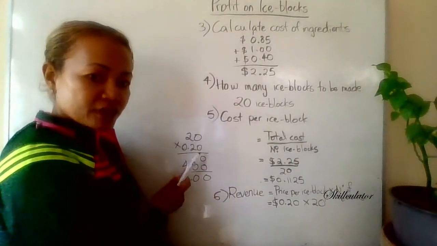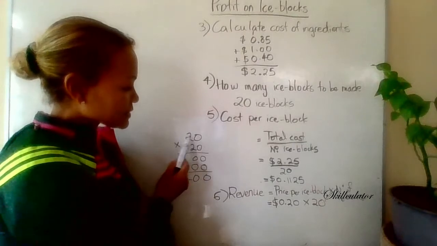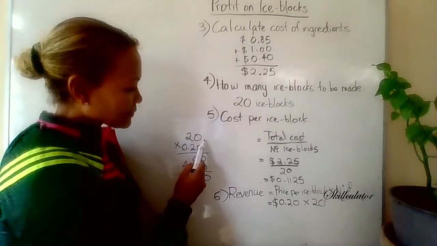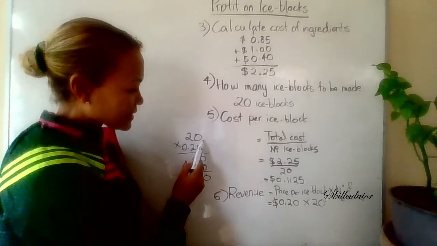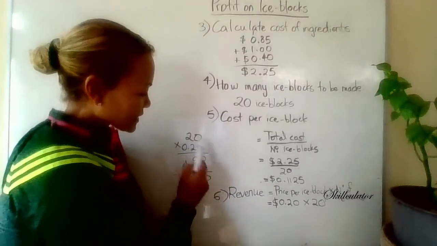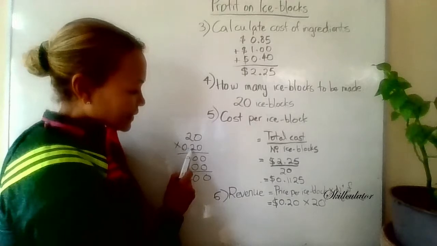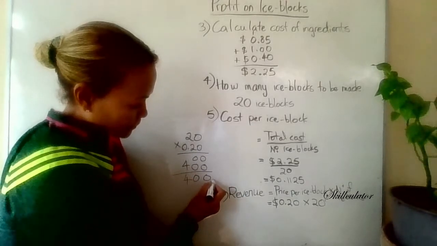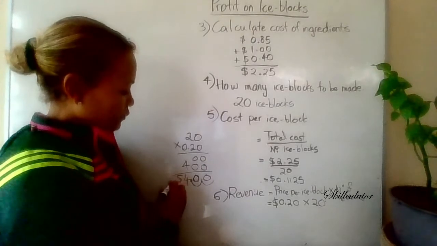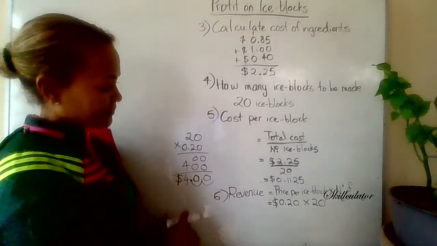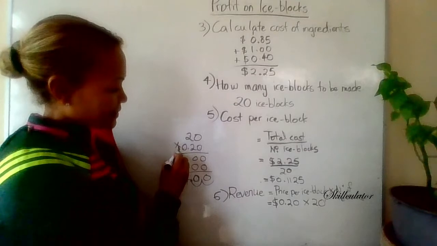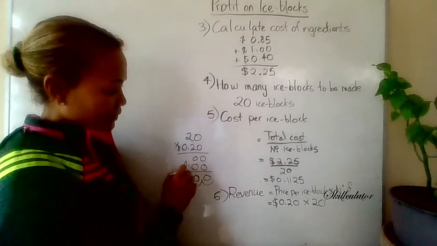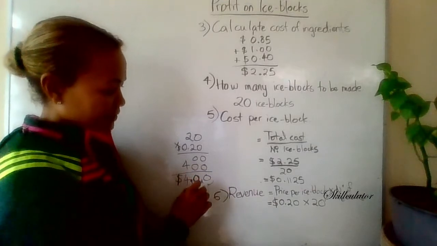Now we take into consideration the decimal places. How many decimal places do we have here? Up here then there are none, right? Because the decimal places we're counting is after the decimal point. Here there's nothing. Here there are 2. So you now end up with $4. So this is 0.2 of a dollar times 20, you get 400, which is really 400 cents.